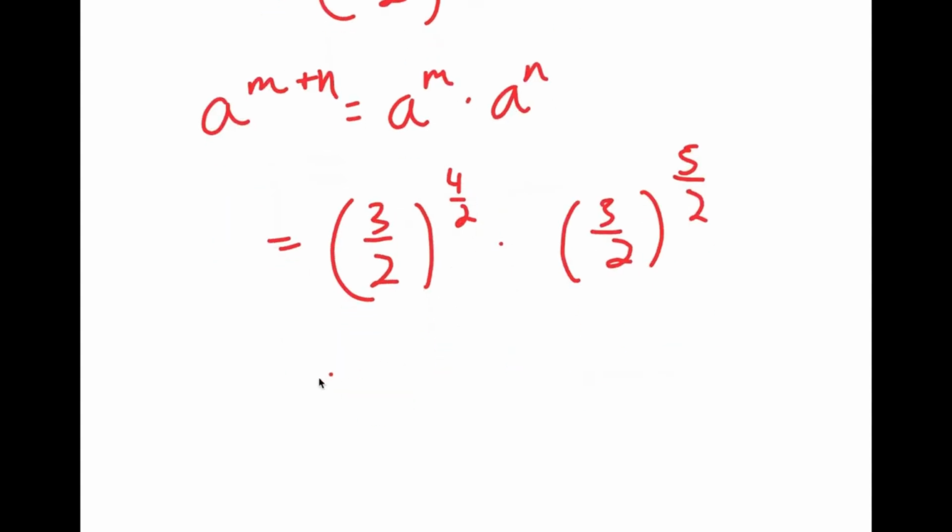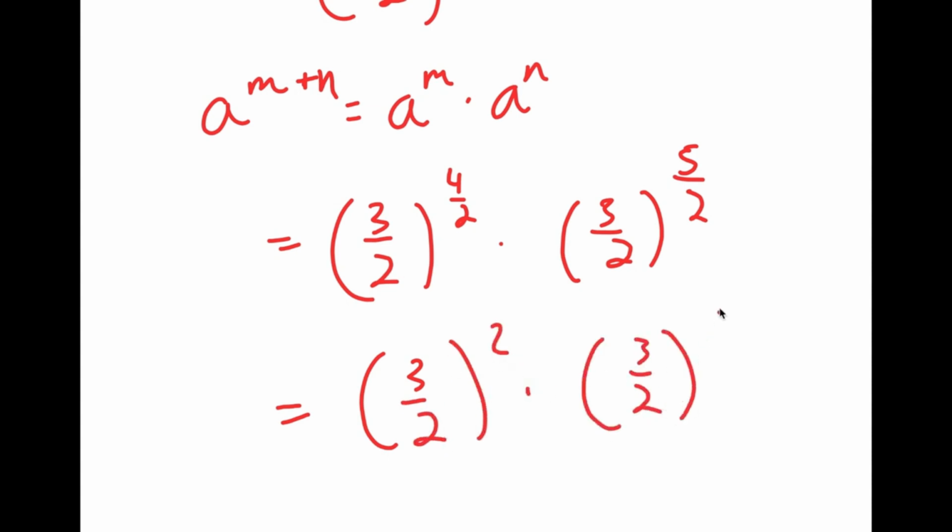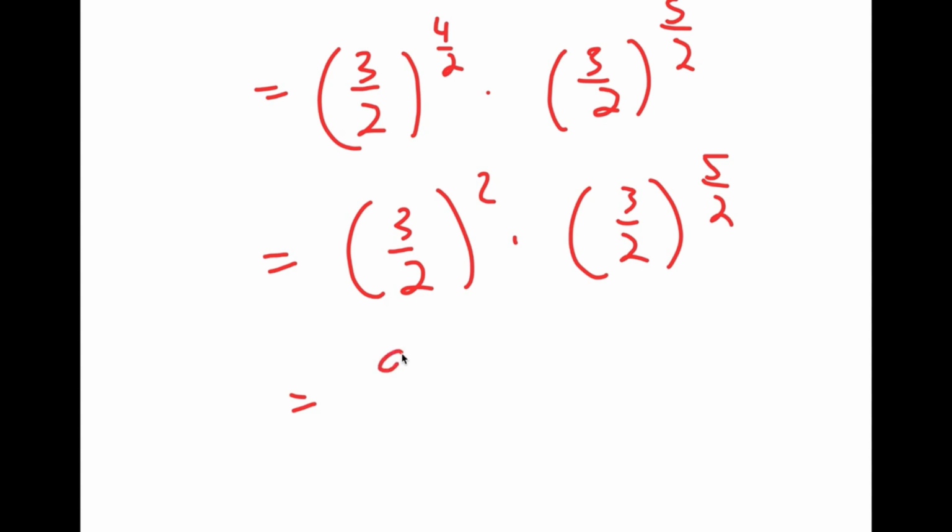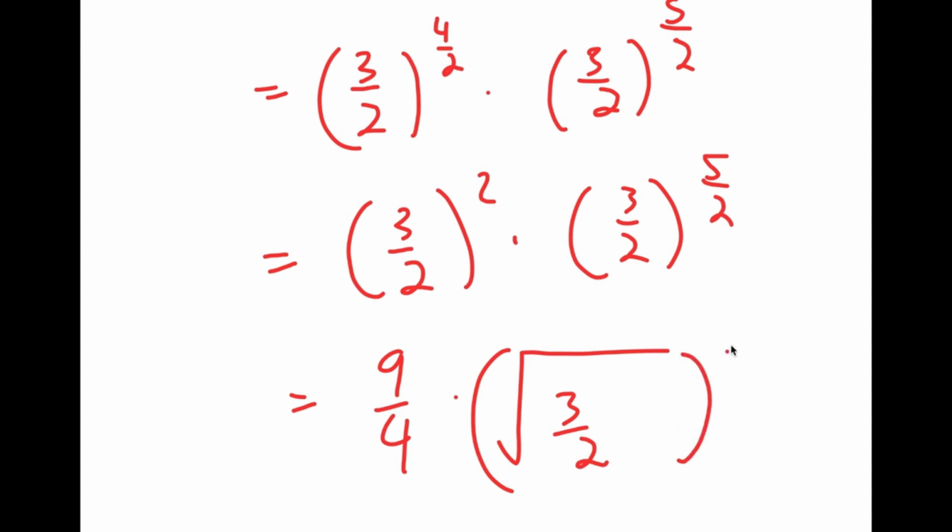Now 4 over 2 is equal to 2, so I get 3 over 2 to the power of 2 times 3 over 2 to the power of 5 over 2. And 3 over 2 squared is equal to 9 over 4, so I get 9 over 4 times 3 over 2 to the power of 5 over 2, which is the same thing as the square root of 3 over 2 to the power of 5.